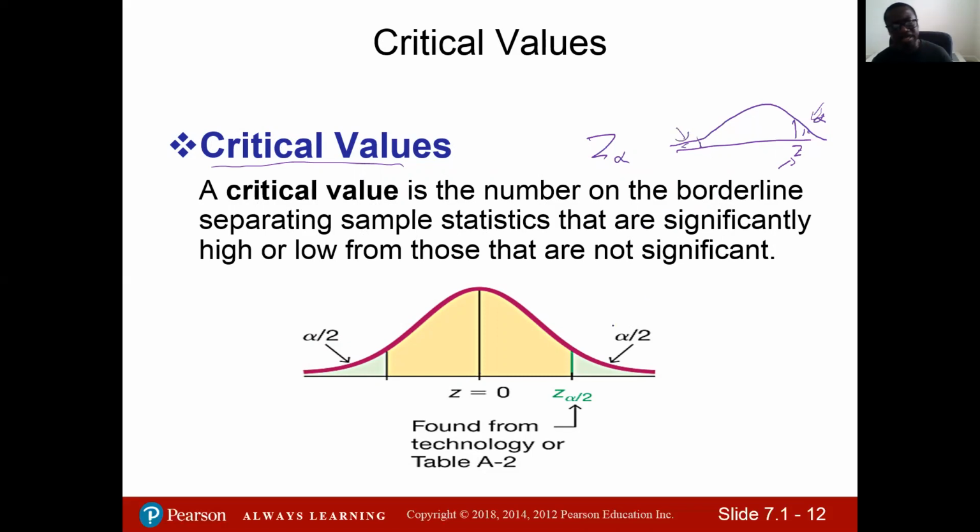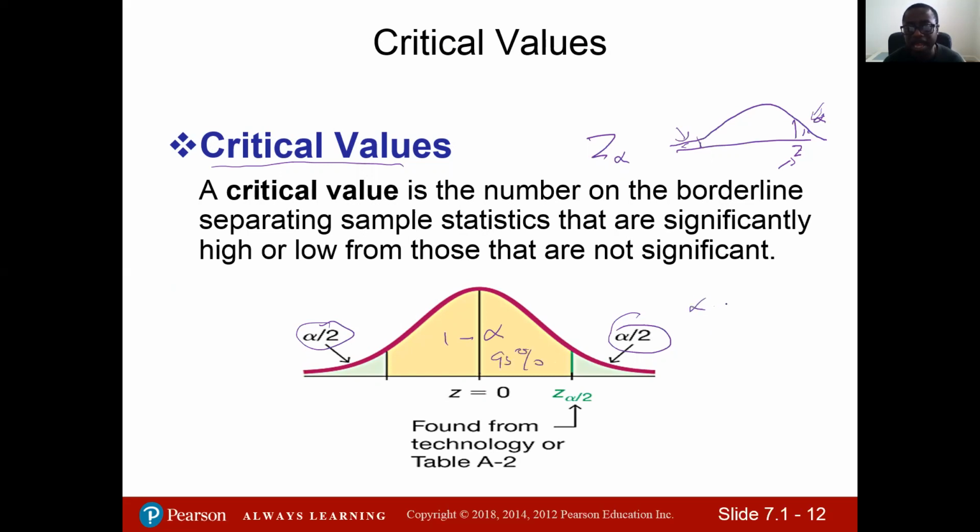Now, in the case of a confidence interval, we're dealing with alpha by 2 on each side, so that when you add them, you get alpha. The middle is your 1 minus alpha. So if my alpha is 5%, my middle is 95%.